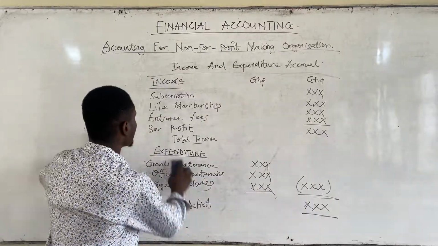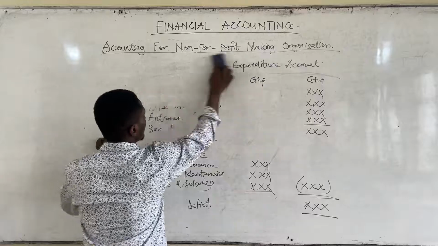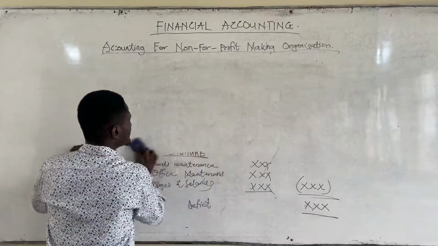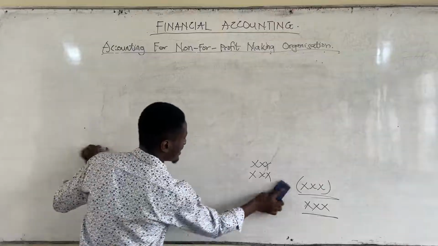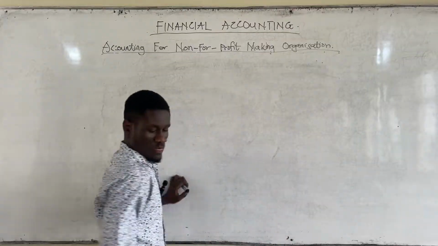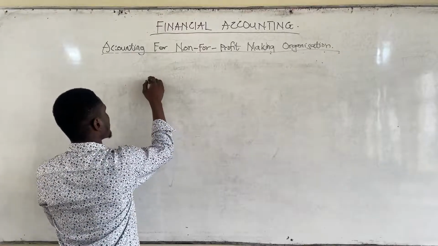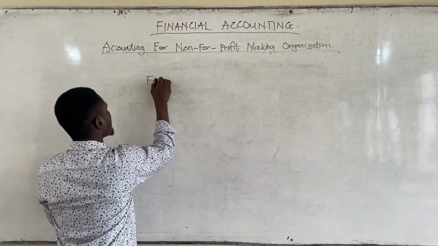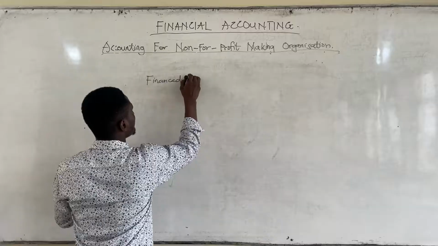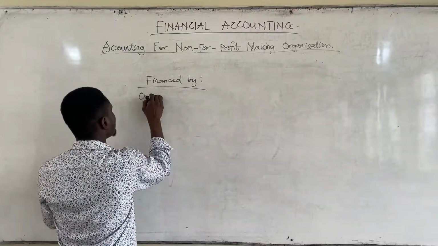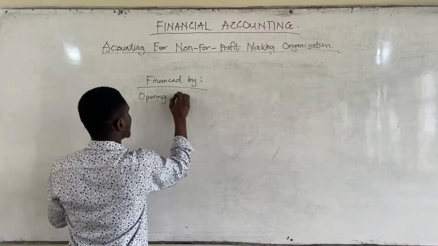Good. So we are moving on to our balance sheet. For the balance sheet, it's just the same format as we know, okay? Just that there will be a few changes in the financed by section with the names. So with the financed by, instead of capital, we have our opening accumulated fund.